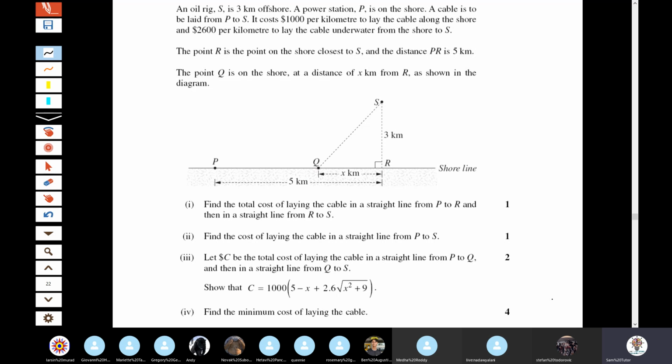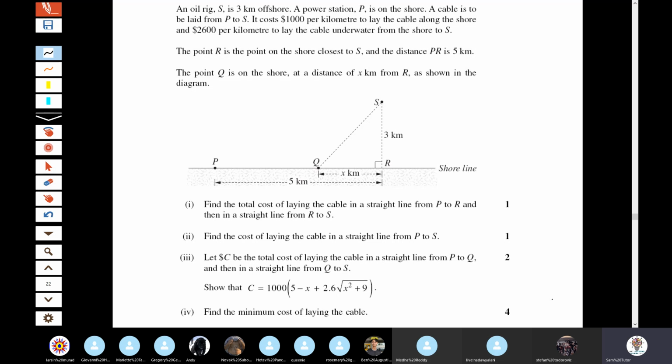A power station P, I look at P now, it's all the way there. Is on the shore. A cable is to be laid from P to S. It costs $1,000 per kilometer to lay the cable along the shore. So if I'm on this shore, $1,000, 2,600 per kilometer to lay the cable underwater. That makes sense because water is a lot harder to lay cable. It's more expensive. That's what I'm thinking right now.